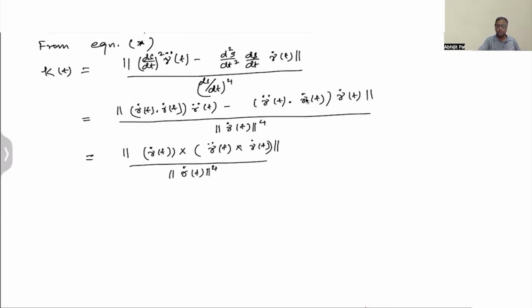So the curvature is now equal to this thing. Now note that this tangent vector gamma dot(t) is orthogonal, or perpendicular, to this vector.